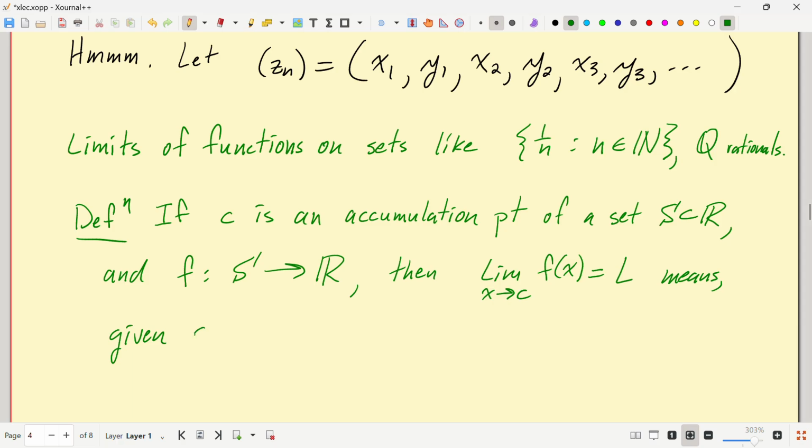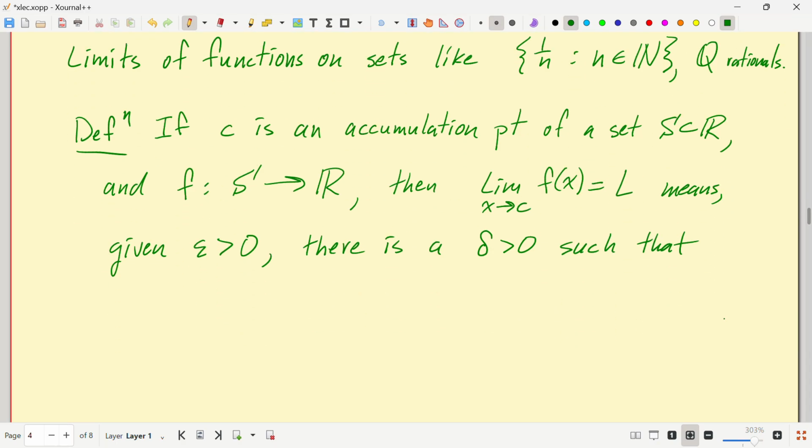given any epsilon bigger than 0, no matter how small, there is a delta such that it looks exactly the same as the definition we've given before.